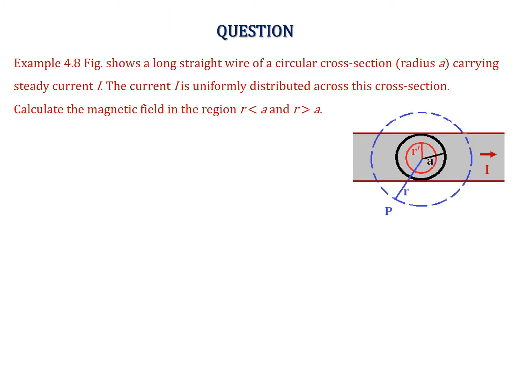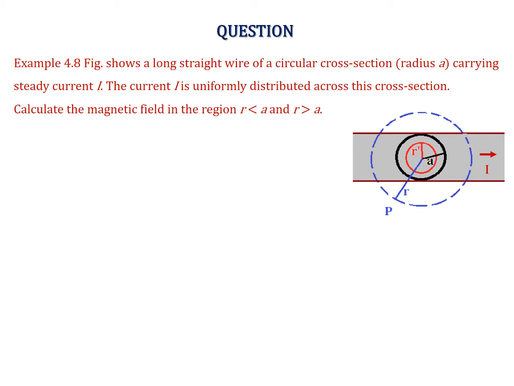Here is a question based on Ampere's law. It is a solved example from NCERT. Figure shows a long straight wire of circular cross section, radius a, carrying a steady current I. The current I is uniformly distributed across this cross section. Calculate the magnetic field in the region r greater than a and r less than a.